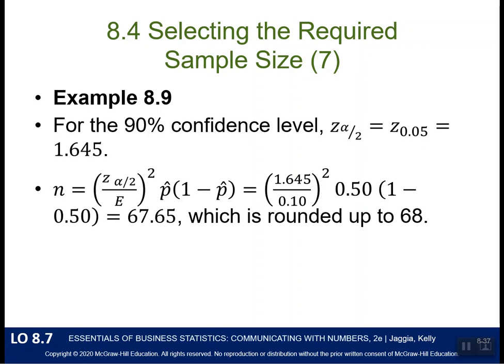So when we plug that into our formula here, remember we're using a population proportion of 0.5 because that's a conservative estimate. So if we don't know what the population proportion is, we'll use an estimate of 0.5. And we get 67.65 as our desired sample size, which we would round up to 68. So we needed 75 for the sample mean to be within 2 miles per gallon, and we need a sample size of 68 to get our proportion to be within 10%.